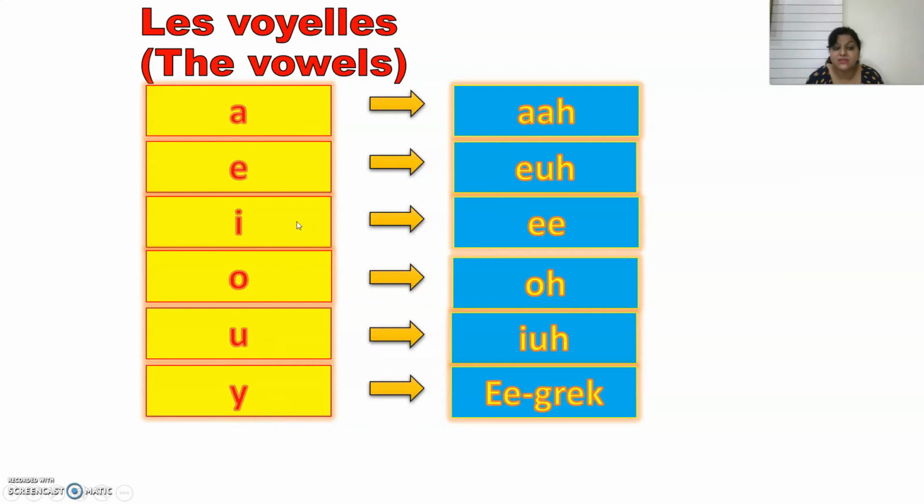So which are the vowels in French? That are A, E, I, O, U and Y. So these are les voyelles.